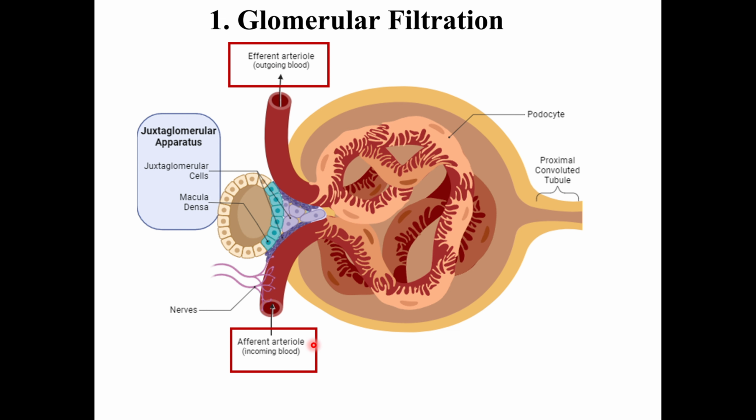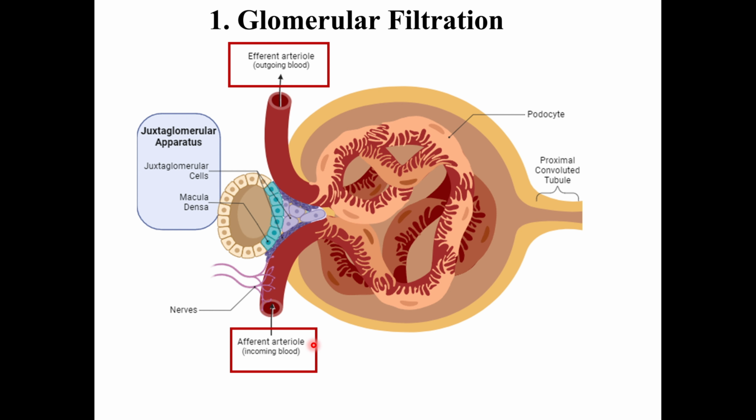The afferent arteriole branches into the capillaries forming the glomerulus, and the blood then exits through the efferent arteriole. If we see the diameter, we find that the afferent arteriole has a wider diameter than the efferent arteriole, and the pressure inside the glomerulus increases, leading to the filtration.